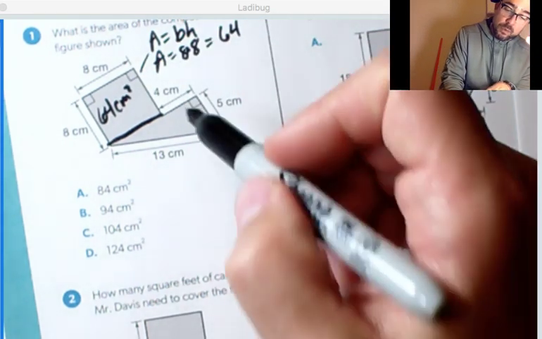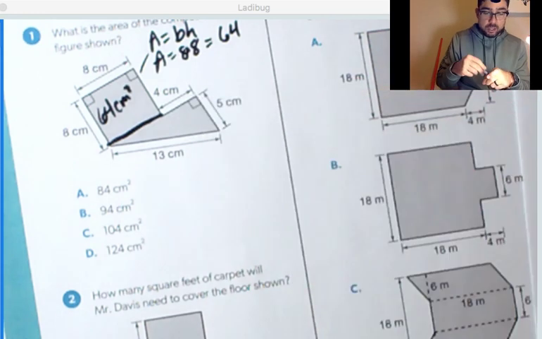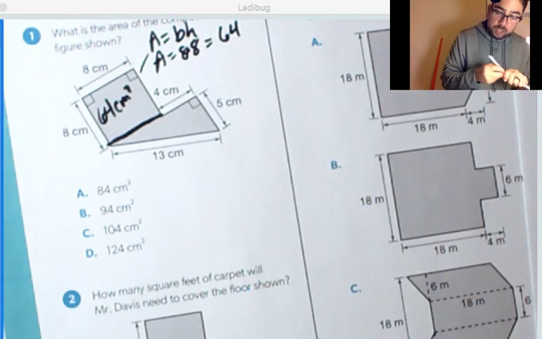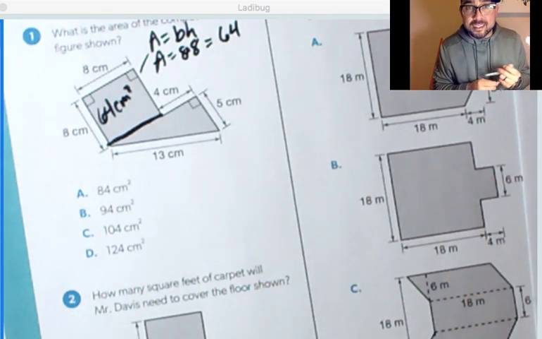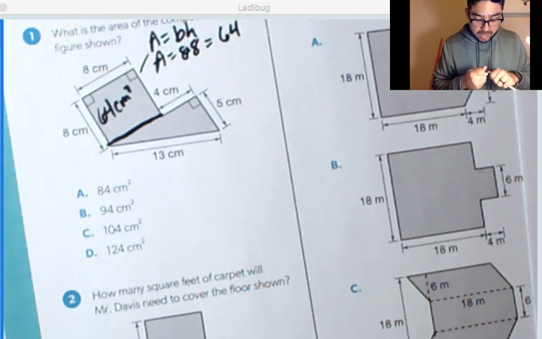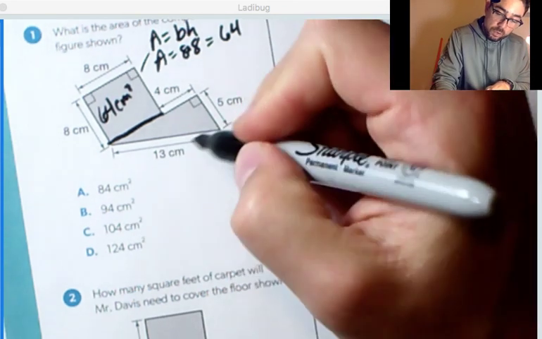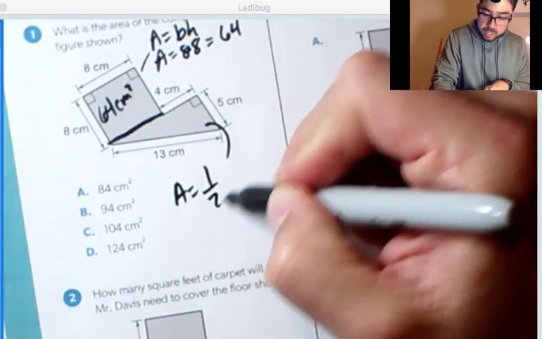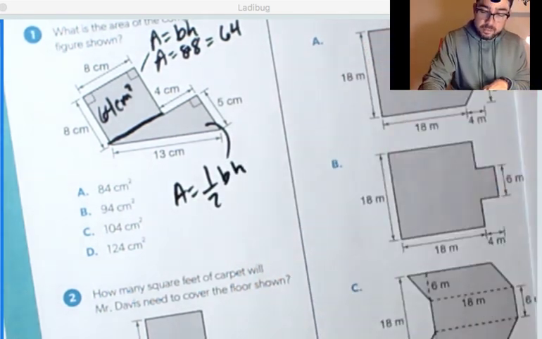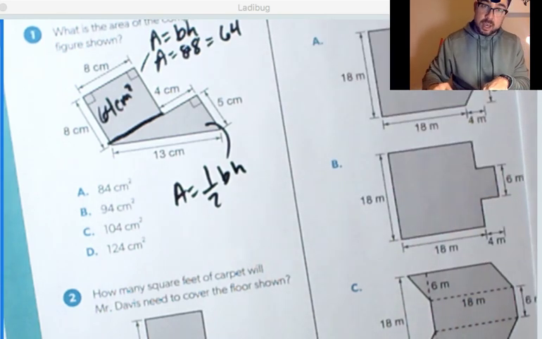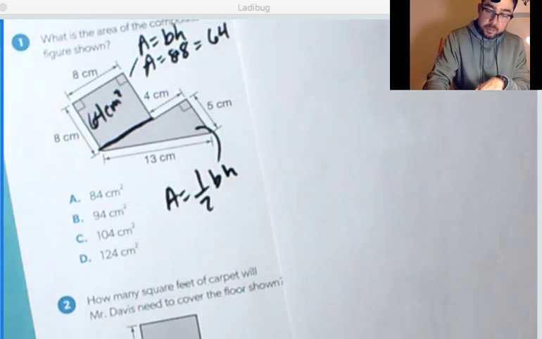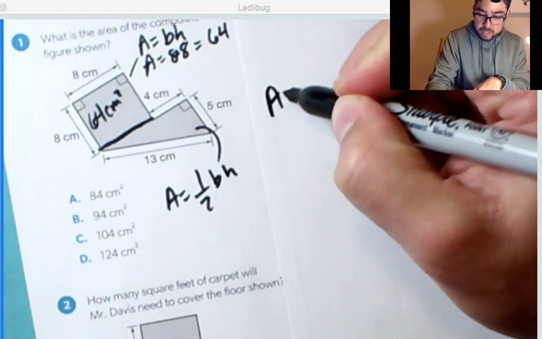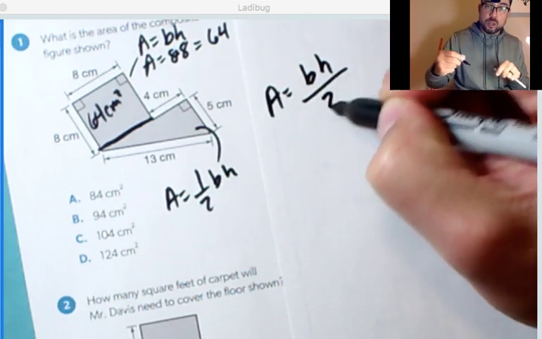And then now we have to find the area of that triangle. The tricky part about that triangle is how do we know which one is the base and which one is the height? The formula for this is area equals 1/2 base times height, or as I've explained to some of you guys, it's area equals base times height divided by 2.